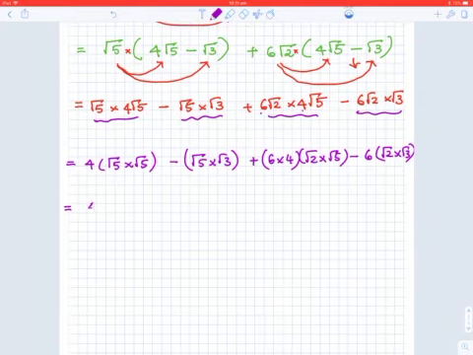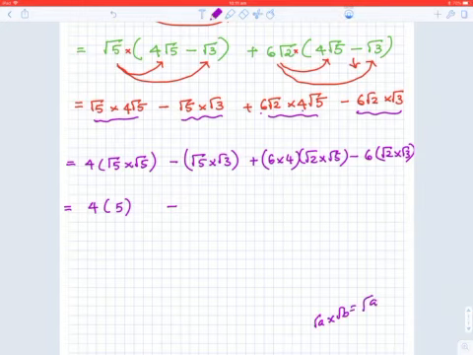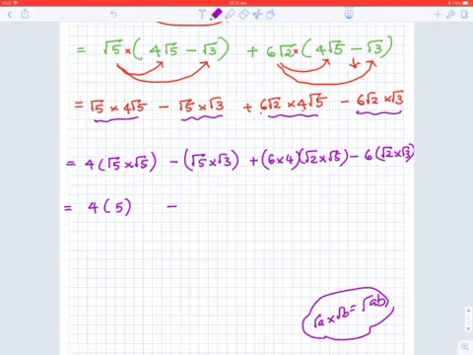Okay, so now this becomes 4 times root 5 times root 5 is 5, minus root a times root b is root ab. So that becomes root 15. Root 5 times 3, 15.